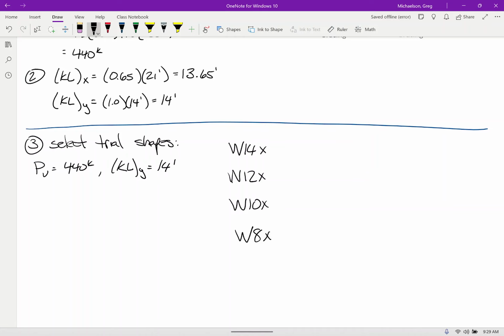And I know maybe your first time, you may not know what you're looking for. So let's see if somebody can find the first shape, and then we'll talk about it. Does anybody have a W14 that they think will work?